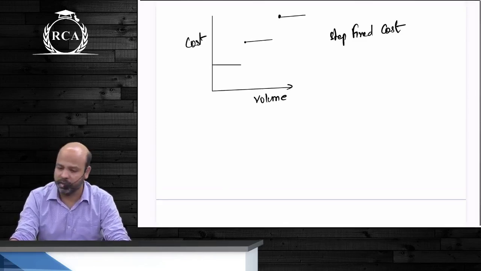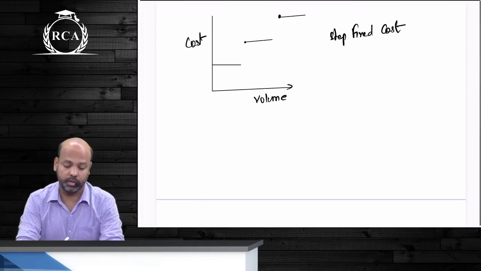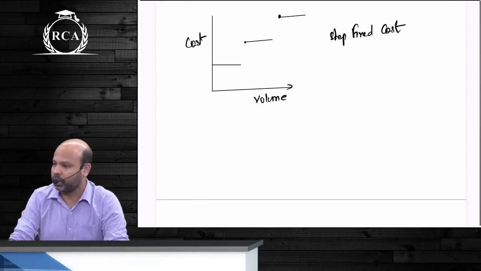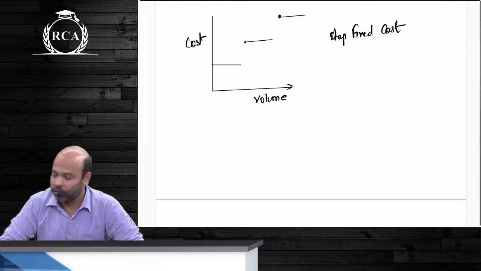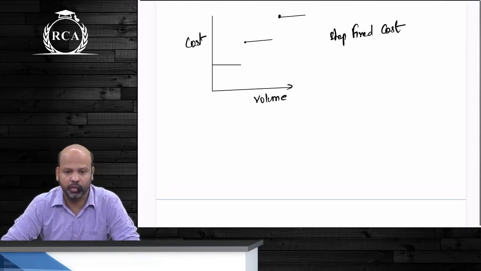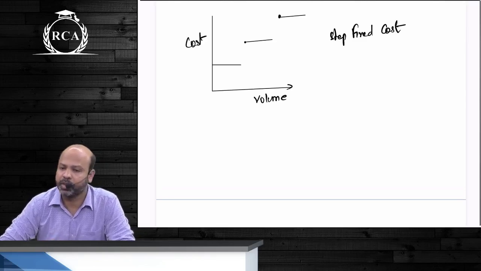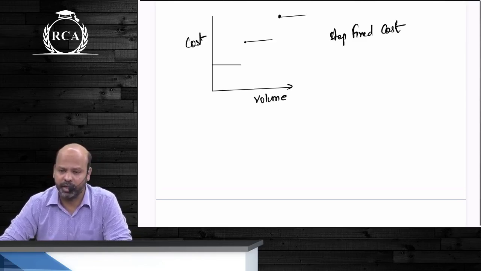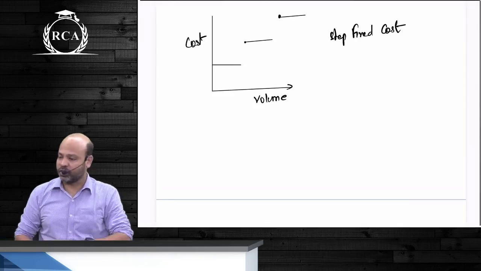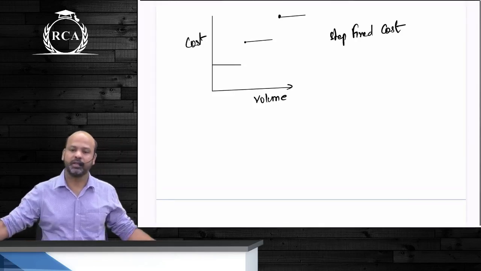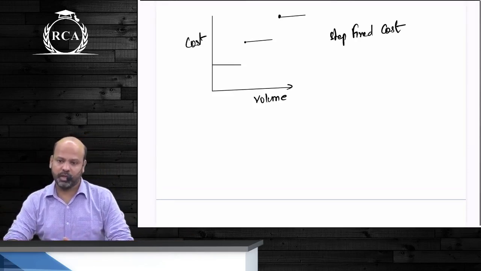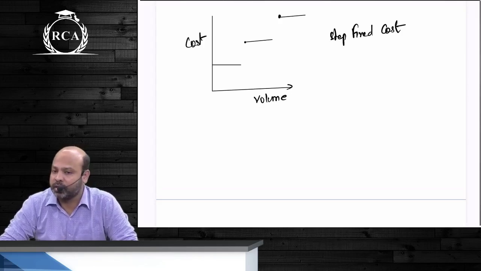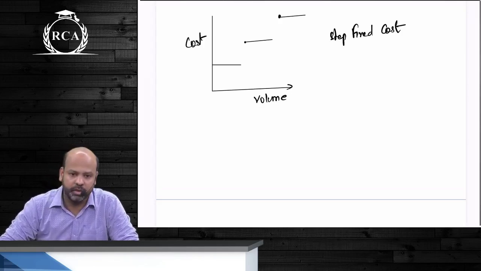Write the next line. Under graphical method, the total cost at the two activity levels should be plotted on a graph.